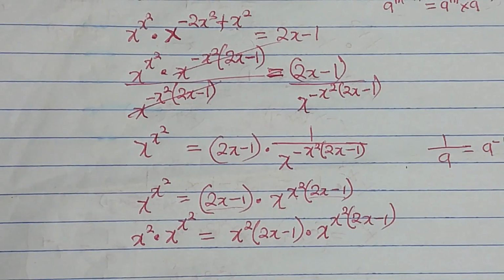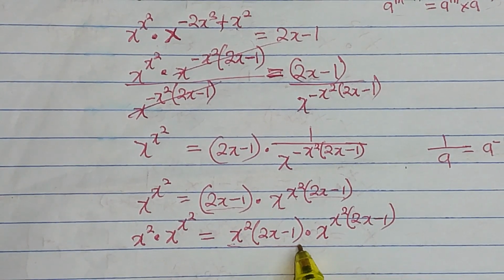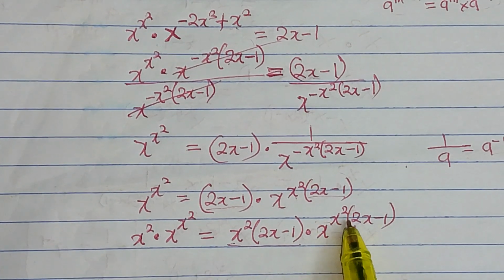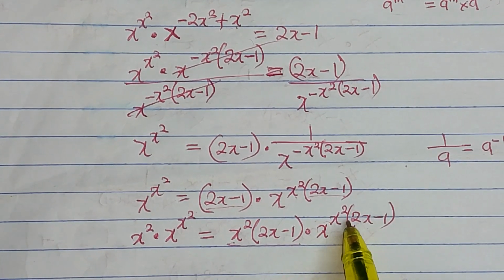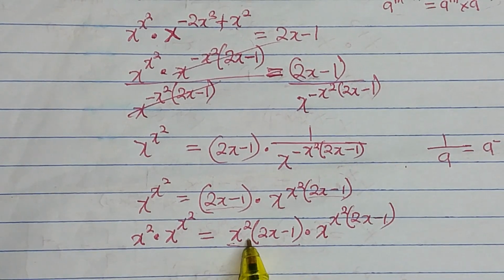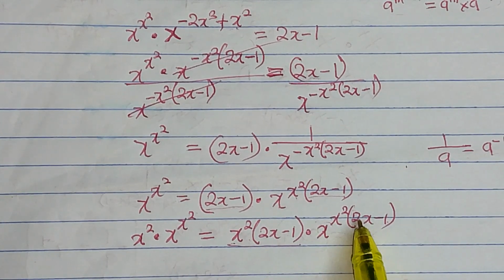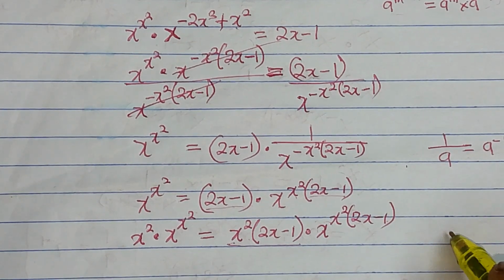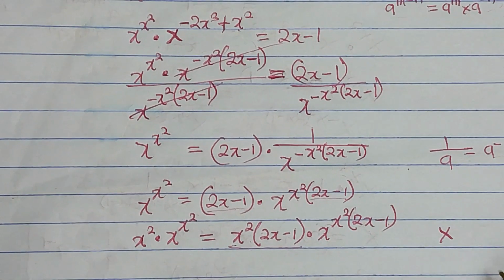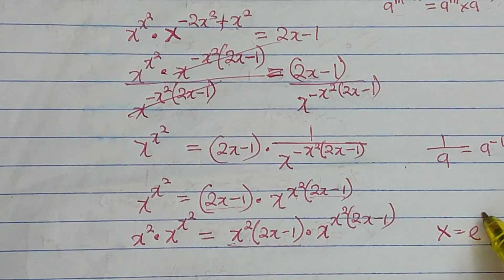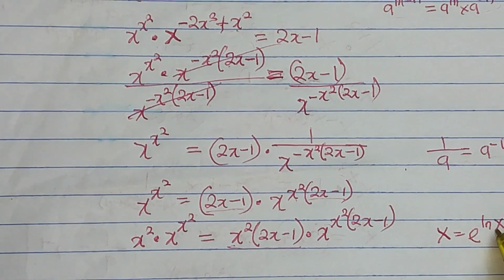Now we have gotten that the whole of this here is the same thing as the exponent of x, which is x squared to the power of 2x squared multiplying 2x minus 1. So since this is the same thing as this, we need to recall that if we have x, that x is the same thing as e to the power of ln of x.